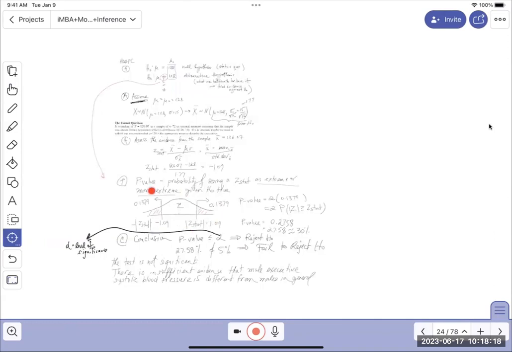So we're looking at this drawing here, and notice that we find ourselves here. What's between is the percentage of observations within 1.09 standard deviations from the mean, right?